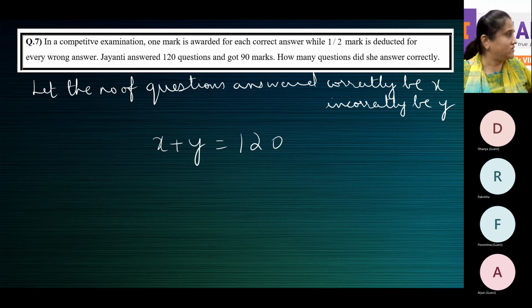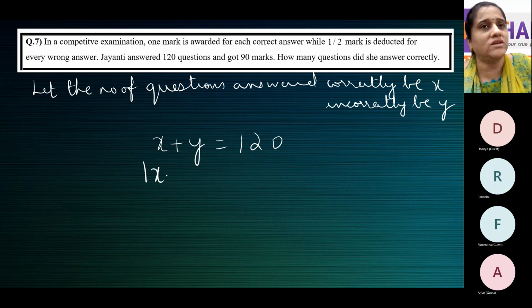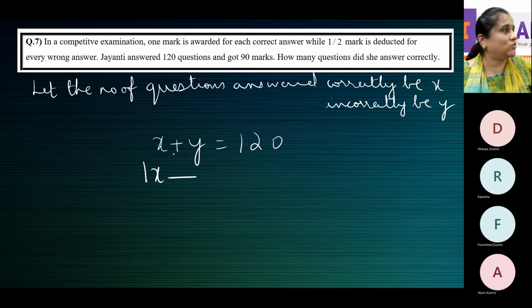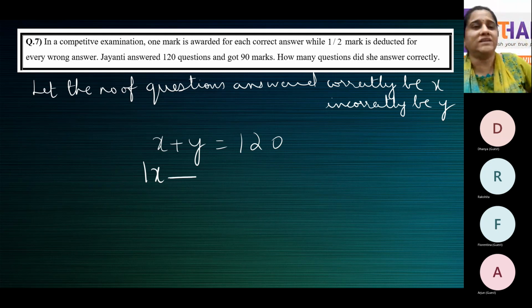Okay, I hope all of us understand that. So 1x she gets for the correct answers. Now she's losing, so you should say minus, because she's losing. Minus, not plus. How much is she losing? y by 2. Half into y. Because y are incorrect, how much is she losing? Half into y or y by 2.